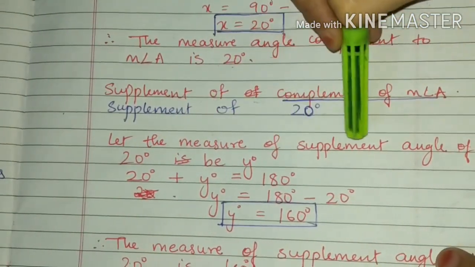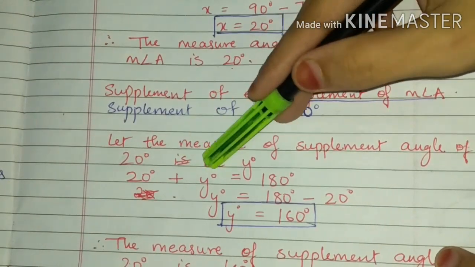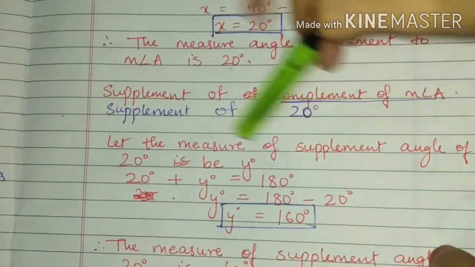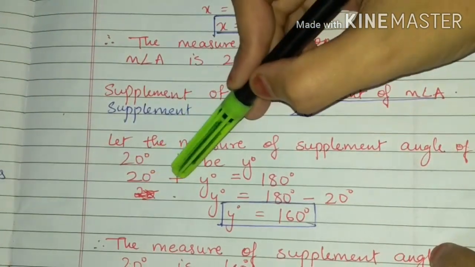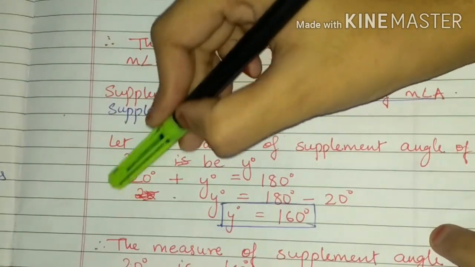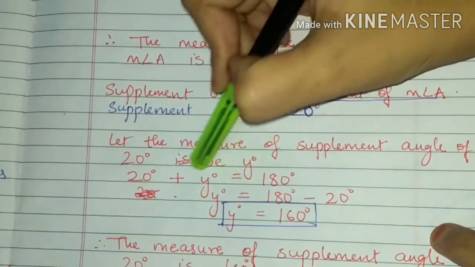What is that? Let the measure of the supplement angle of 20 degrees be y degrees. So what do we know about supplementary angles? Angle 1 plus angle 2: this is angle 1, 20 degrees, plus angle 2, which we don't know.